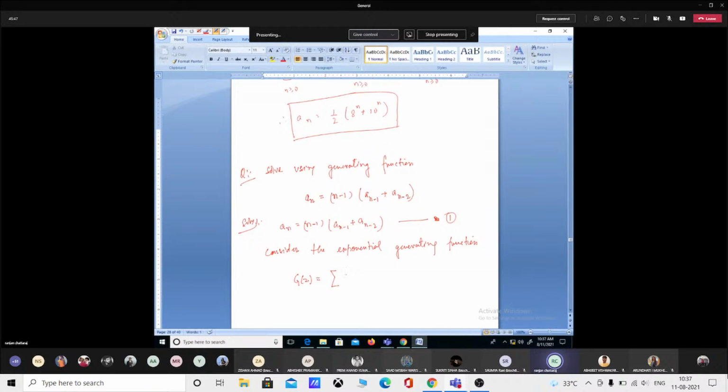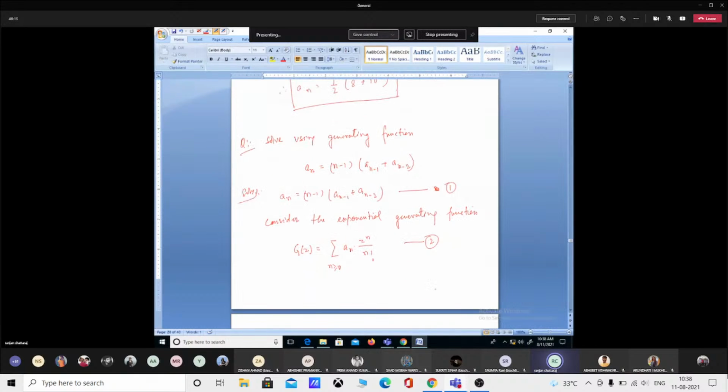Exponential generating function: sum of a_n z^n by n factorial. Okay. It is also a power series, but instead of only a_n, we have a_n by n factorial also.